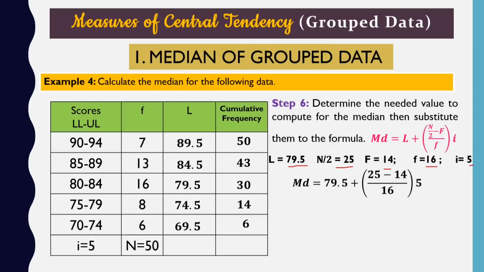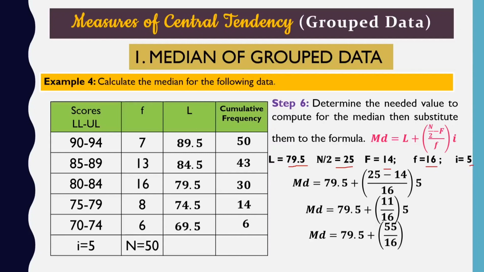Substituting all of those values, we will have 79.5 plus the quantity 25 minus 14 divided by 16 times 5. Simplifying the numbers inside the parentheses, we will have 11 over 16, and then we multiply that by 5. The result we will add to 79.5. So we have 79.5 plus 55 over 16.